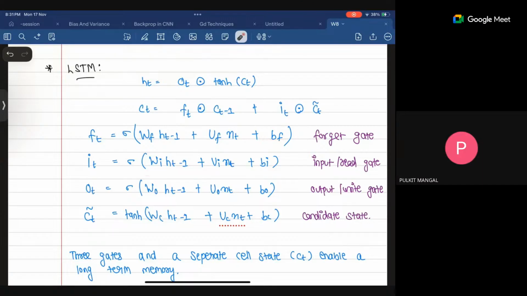It will get the same XT and the same HT minus one, so how will it learn different weights? Maybe there are some additional parameters for this gate, and the forget gate will have some other configuration different from the input read gate, the output gate and the candidate.